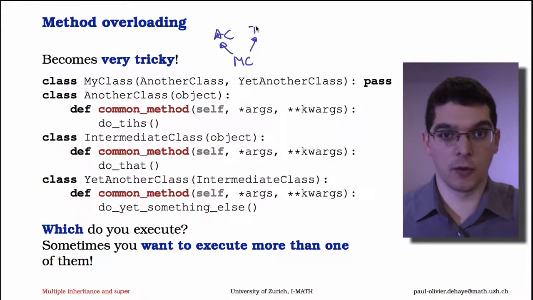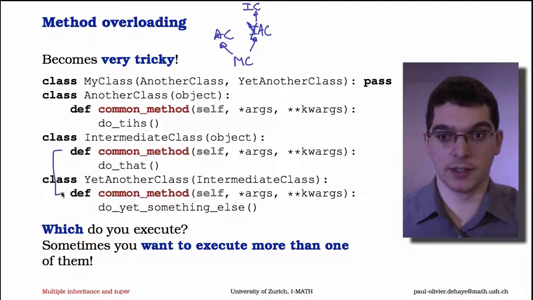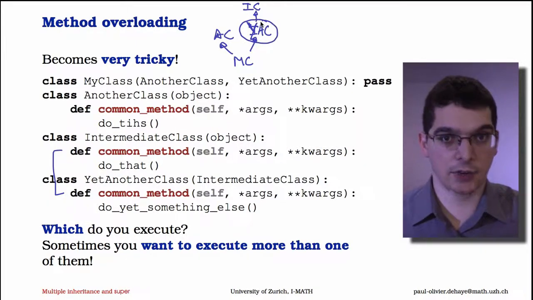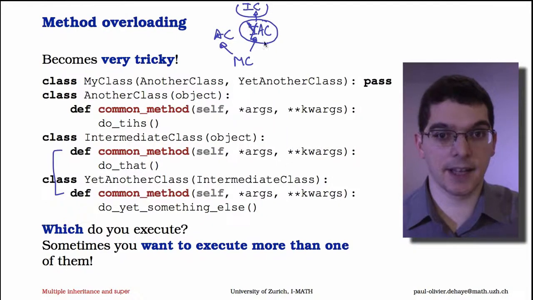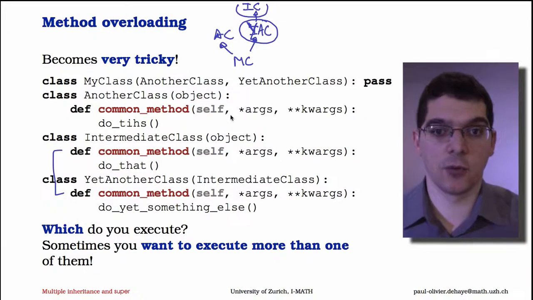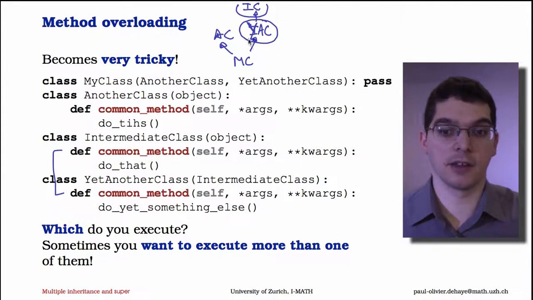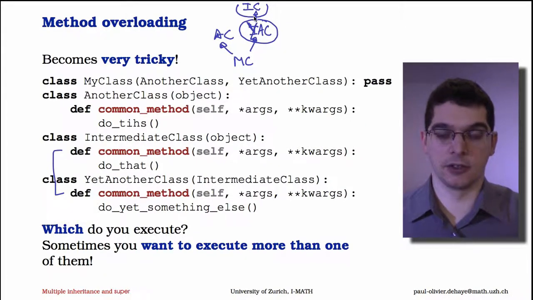If the two are defined there, you can sort of tell that the method that's defined on yet another class always wins over the method defined on intermediate class, because this class here is more specific than this one. So whenever you're calling a common method on an instance of yet another class, you should just ignore the method that has been defined for instances of intermediate class.